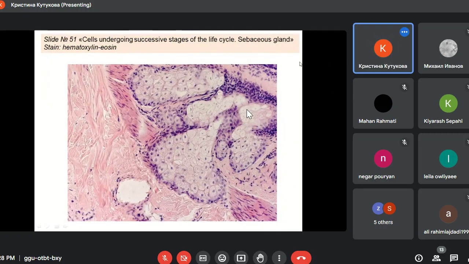So you will have these pictures of histological preparations of this gland, in which you should be able to find the cells during different stages of the life cycle, starting from stem cells, which are located here at the periphery of the gland, just at the border between the gland itself and connective tissue outside of it.